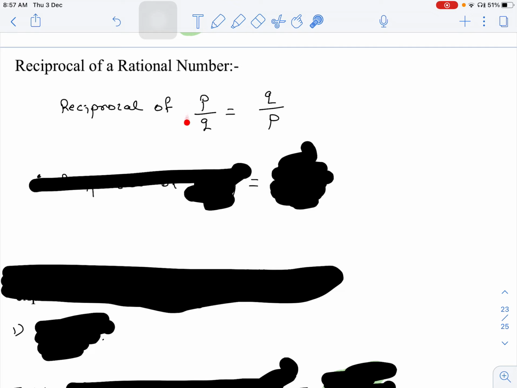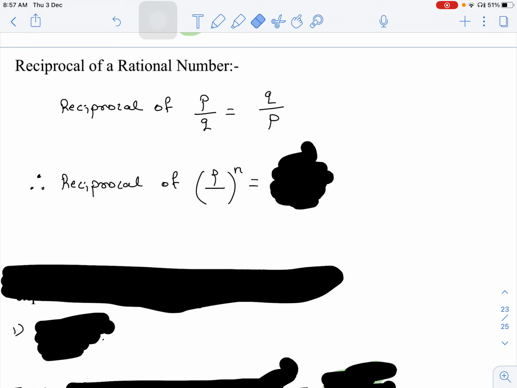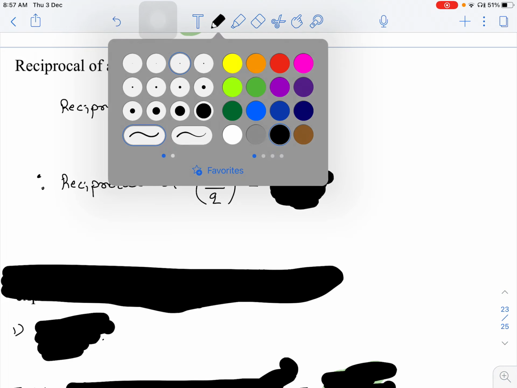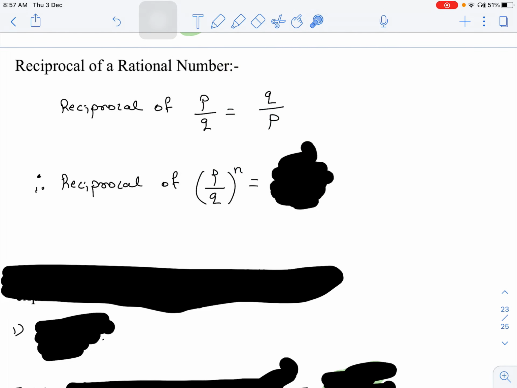But now suppose this number has some power, for example, the reciprocal of (p/q)^n. Here this rational number has a power and we have to write its reciprocal. So no more changes must be there. Similar to this one, we'll keep this power as it is and just take the reciprocal of this number.